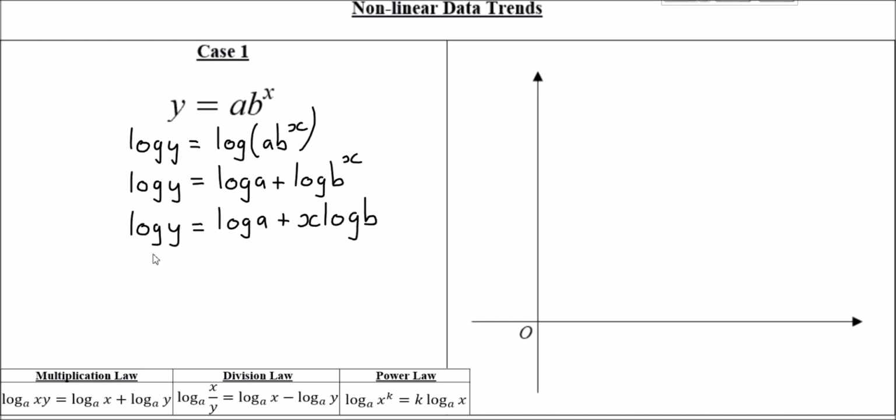And then writing it in the more familiar way, log y equals log b times x plus log a. We can now, in the same way, compare this to the old familiar y equals mx plus c.